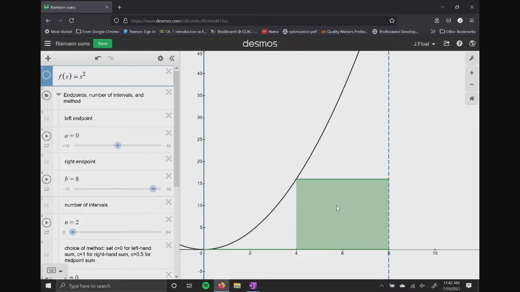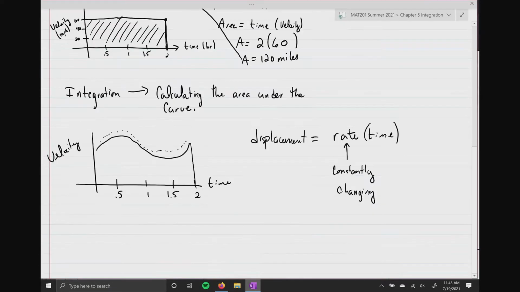So here's a problem, and the problem is find the area underneath the curve of f of x equals x squared. Now, we do not have a formula for that. There's no formula that gives you this, okay? So what I do is I lean back on my previous knowledge. So I'm going to go back to our notes real quick.